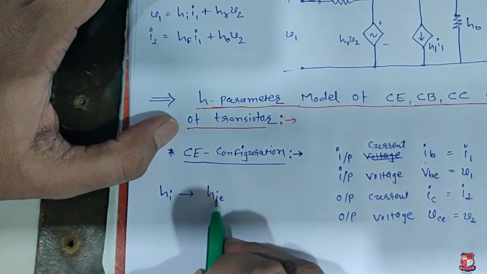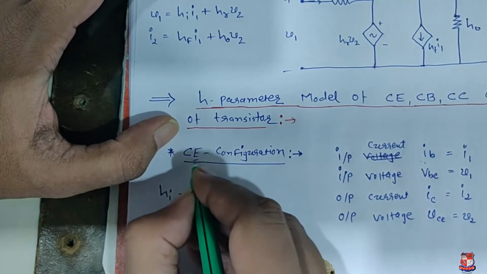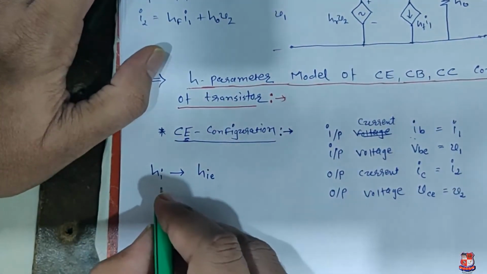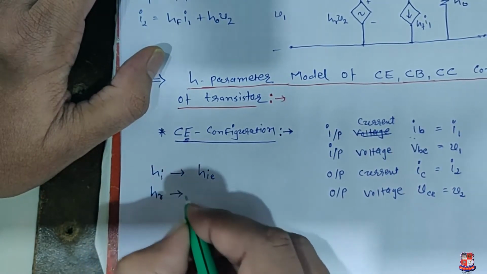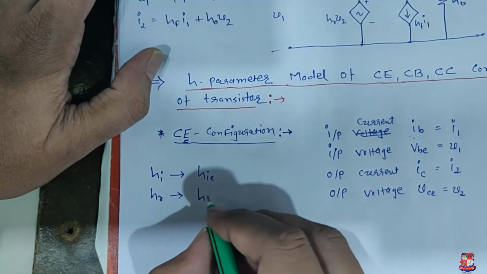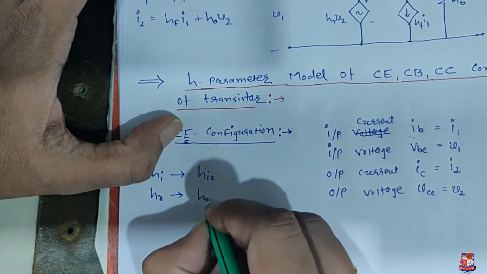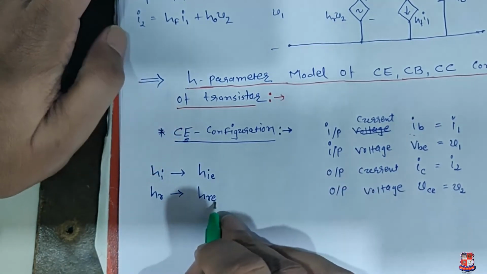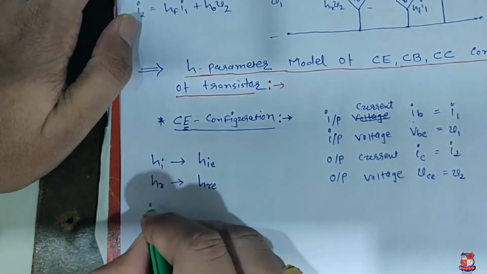I means input impedance, but E indicates it is for common emitter. Similarly we can write HR, the reverse voltage gain. This parameter will be written for common emitter configuration as HRE. So the E suffix indicates that it is for common emitter configuration.